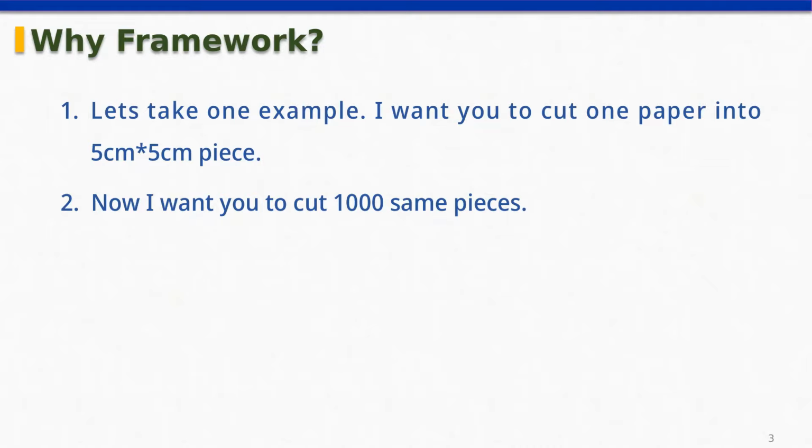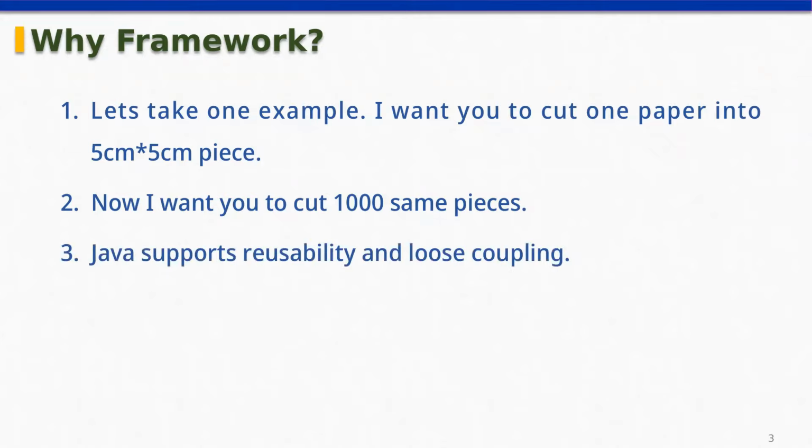So that piece of iron is providing you the feasibility to cut your paper into multiple pieces in an easy manner. The framework is also the same. You have some predefined set of rules. You can use those predefined rules and do your work. You can write the business logic in a very generic way and very easily. That's why we need the framework.